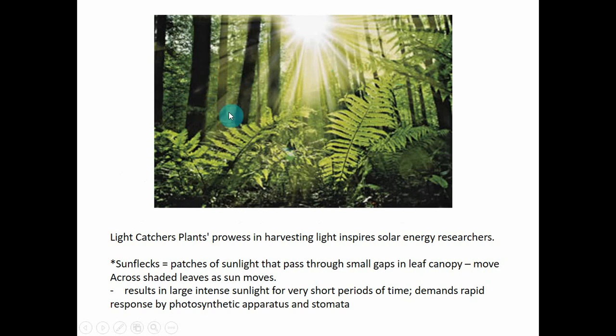You can see that these trees are nice and tall, and these guys at the bottom have only a brief period where they get sun. The plants at the bottom of a canopy are so well adapted. There are these moments of sunflecks that break through the canopy onto the floor.